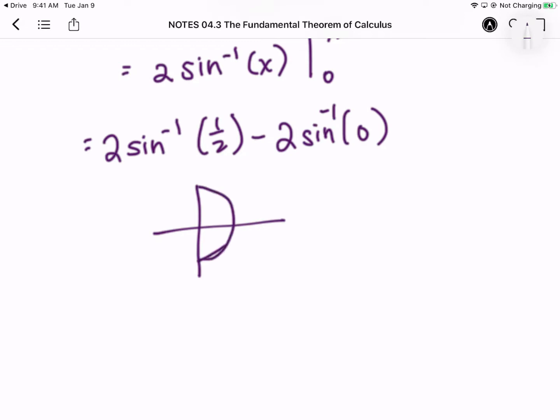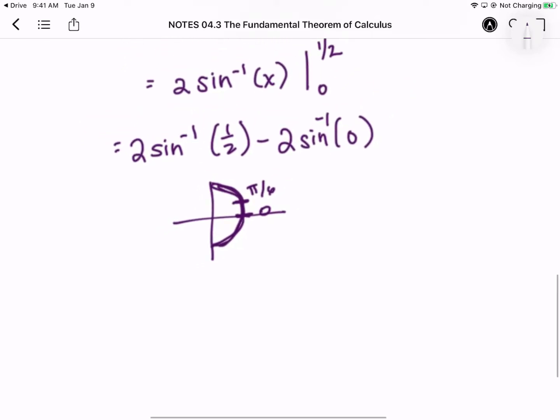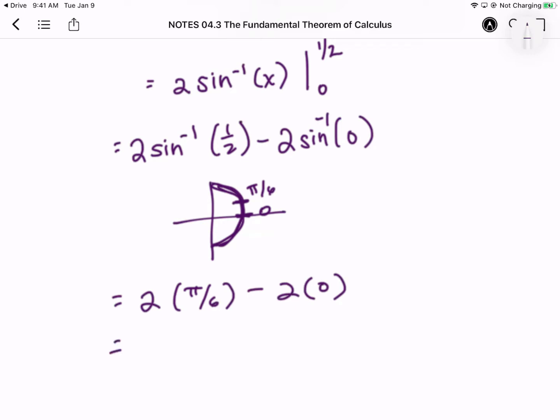Inverse sine just goes for these values. Sine equals 1/2 right here at pi over 6, and sine equals 0 right here at 0. Those are the solutions to the inverse trig problem. This equals 2 times pi over 6 minus 2 times 0, which equals pi over 3.